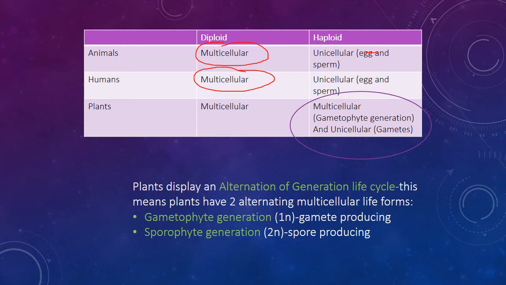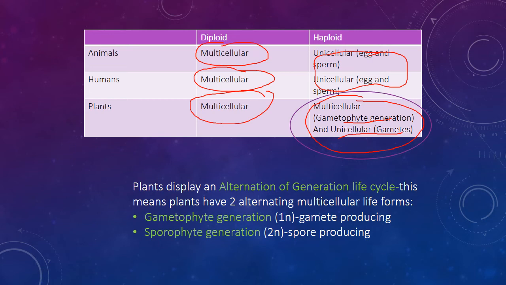Animals have a unicellular stage or haploid stage, which basically are the production of your egg and sperm. So eggs and sperm are haploid, but they are only single cellular. In plants, the diploid phase is multicellular, and then so is the haploid stage. So haploid stage being the gametophyte generation, which produces unicellular gametes.